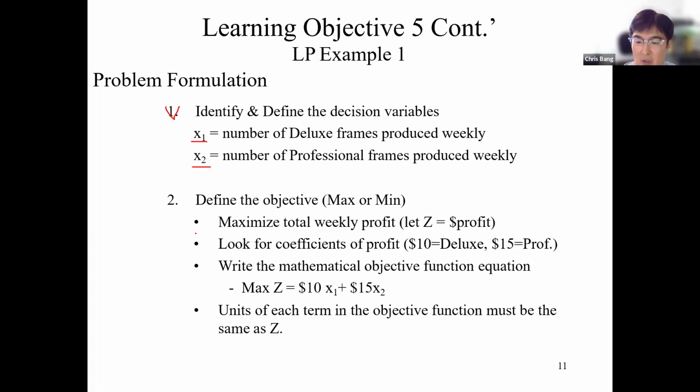Since the company wants to maximize profit, the objective function is max z = 10 x1 + 15 x2. Notice each coefficient represents the unit profit for each frame type.